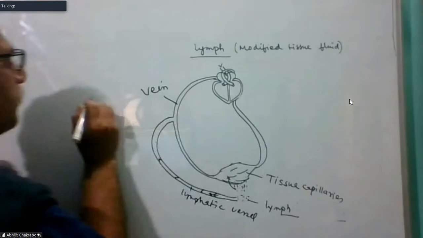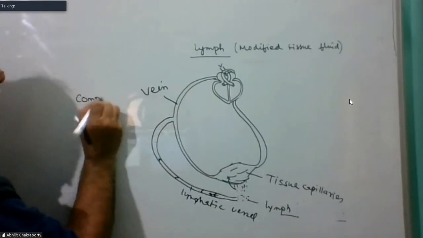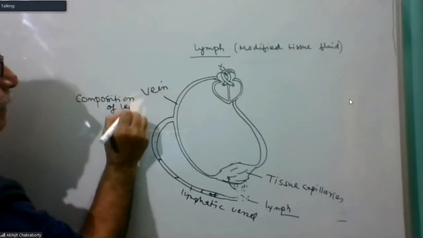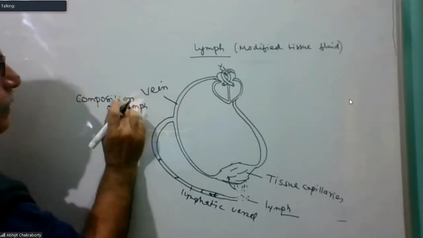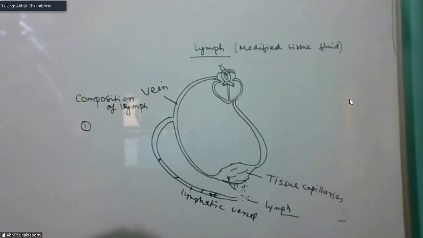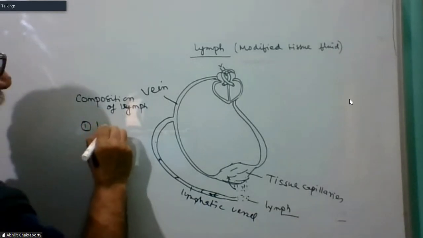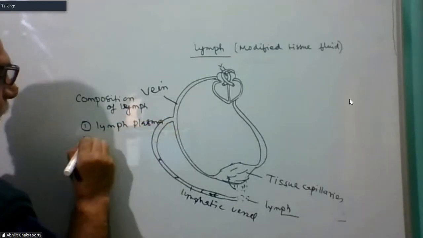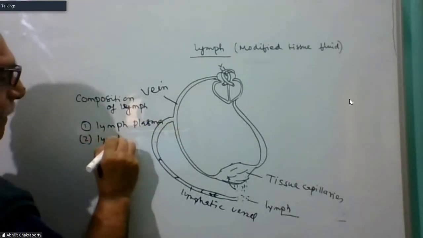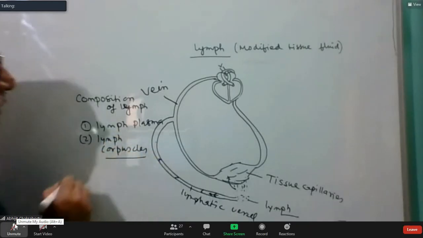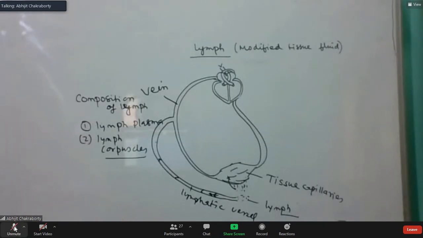So remember this thing, lymph plays certain most important roles. Now, composition of lymph. What is it made of? Lymph plasma and lymph corpuscles.